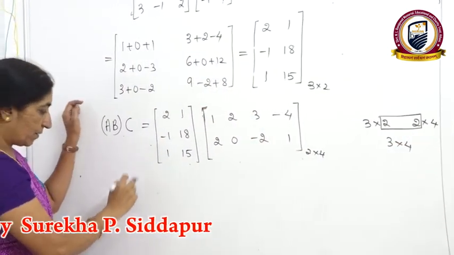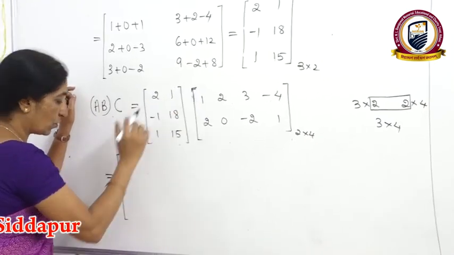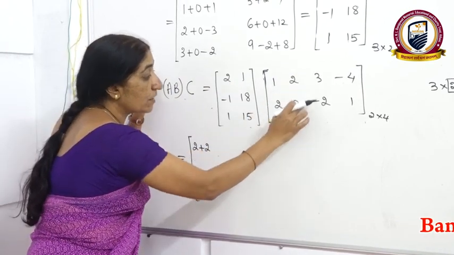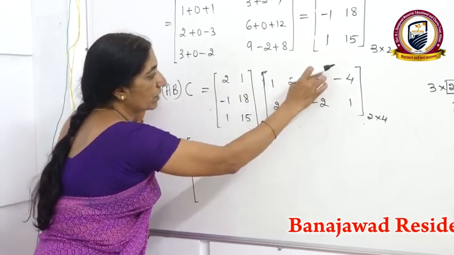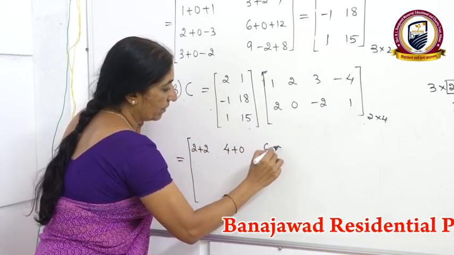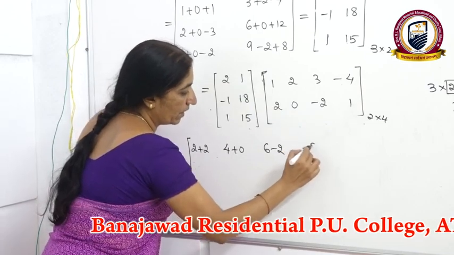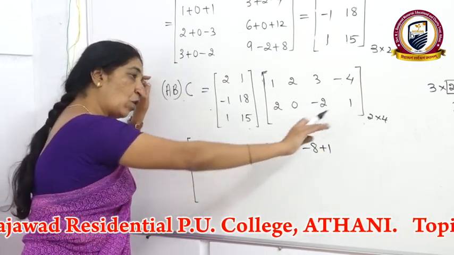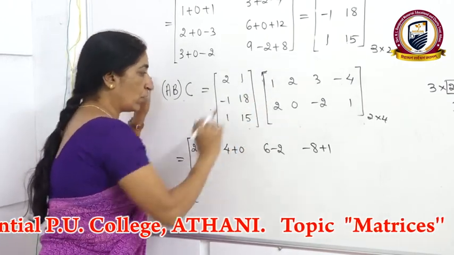Let us see here. Multiply this. First row with first column. 2 plus 2. First row with second column. 4 plus 0. First row with third column. 6 minus 2. First row with fourth column. Minus 8 plus 1. So it completes first row with all the columns. Then second one is second row with all the columns.